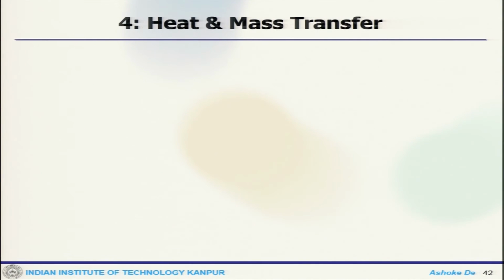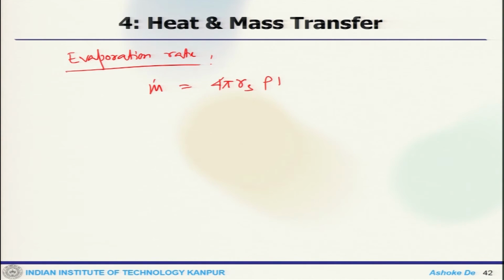So, that will lead us to calculate the evaporation rate. The evaporation rate one can find out, which will give you m dot equals 4 pi r s rho d a b ln of 1 plus B y.